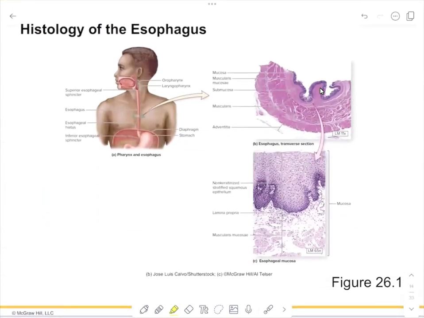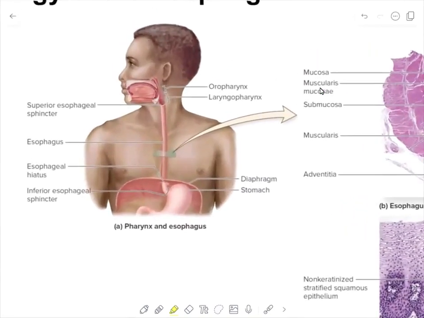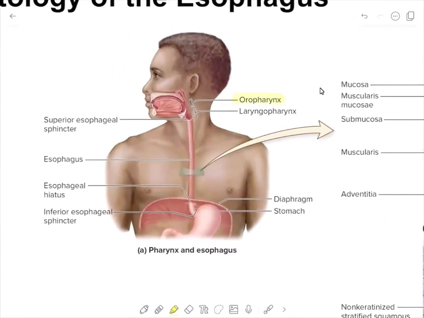This slide is showing the histology of the esophagus. So you can see shown on this diagram the oropharynx and laryngopharynx, the superior esophageal sphincter, which remember is skeletal, and then shown is the esophagus, inferior esophageal sphincter, also called the cardiac sphincter, and it is smooth muscle, so it is involuntary.